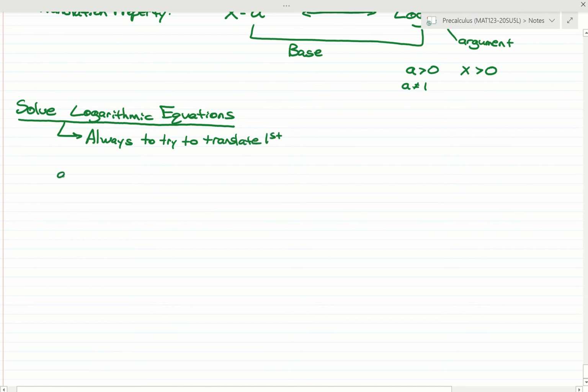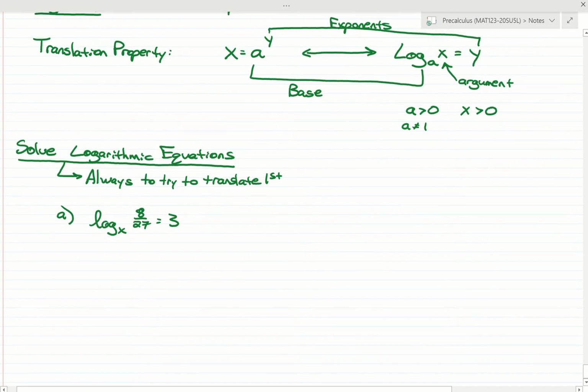So for example, a problem like this, log base x of 8 over 27 is equal to 3. Look at your translation property. Right? So we have it in logarithmic form. Let's write it in exponential form. One way that I remember this is I think about a crisscross. So x to the third is equal to 8 over 27. And then once it's converted, you could just easily take the third root. And you just get x is equal to 2/3.